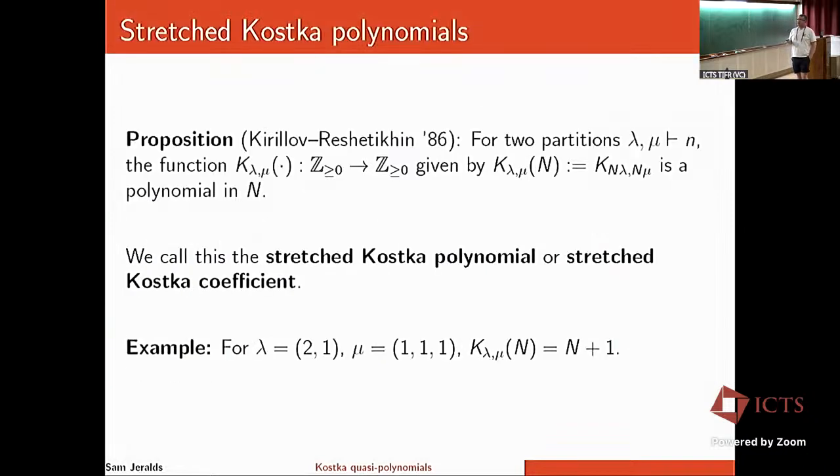And there is a result. So I believe it's originally due to Kirillov and Reshetikhin when they were looking at fermionic formulas for actual Kostka-Foulkes polynomials, but this falls out of that formulation. If I don't vary lambda and mu arbitrarily, but I just scale them, so if I take n lambda and n mu, this is a perfectly reasonable operation because this scaling just preserves the dominance order condition, right?